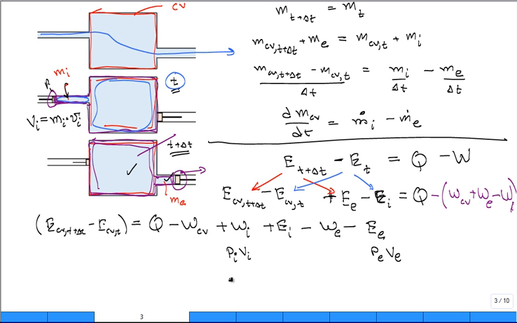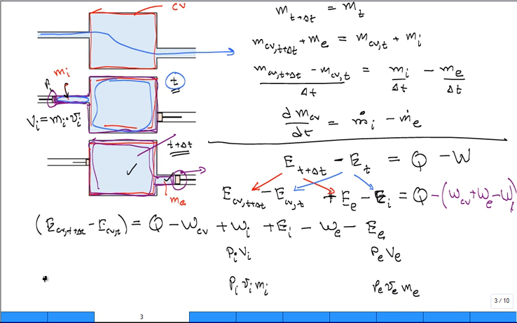So I could replace, look at that, PV showed up. There's that PV term. I'm going to lump that with U and get H. Over here, P exit, V exit, mass exit. So I focused on the two boundary works for a couple steps here.